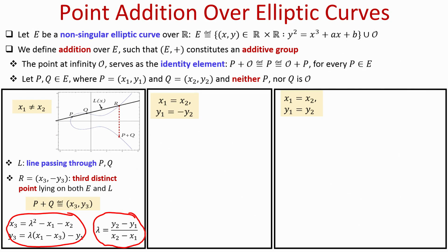So, that is the way the plus operation on points P and Q is defined for the case where x1 is not equal to x2.